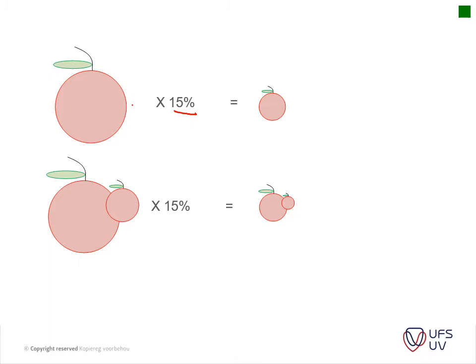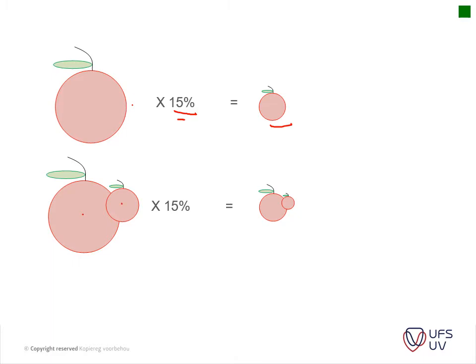You calculate what your VAT is, so you times your 100% with 15% to calculate what the 15% would be. So this is equal to 15% on this side. So what you then have is an item which is 115%, so it's your apple plus the 15%.